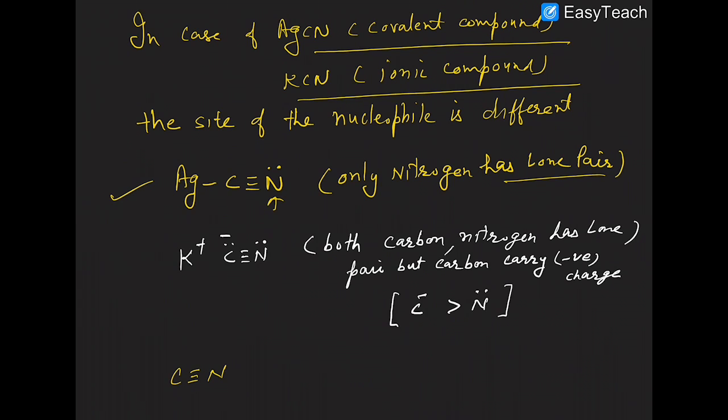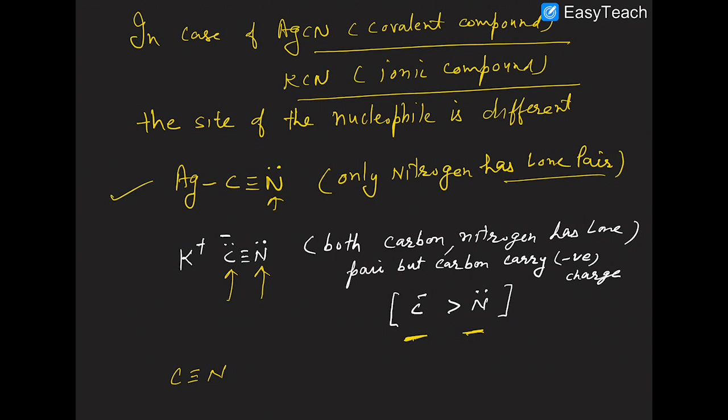But when you take KCN, then both nitrogen and carbon have availability of lone pair. Why? Because KCN is an ionic compound. Now the negative charge on carbon is a far better nucleophile than the lone pair on nitrogen. Why? Because carbon negative is more basic than the nitrogen lone pair.